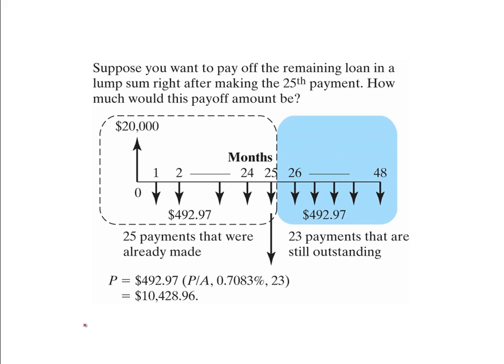After 25 payments from the 48, you decide that you would like to pay off the whole amount. So you have 23 payments left. How much would you pay? To show you exactly how this will work, let's calculate that.